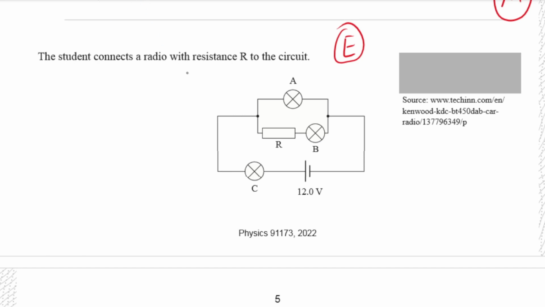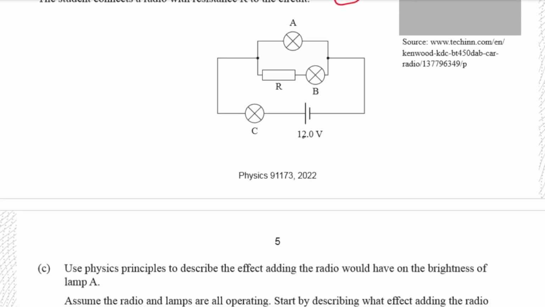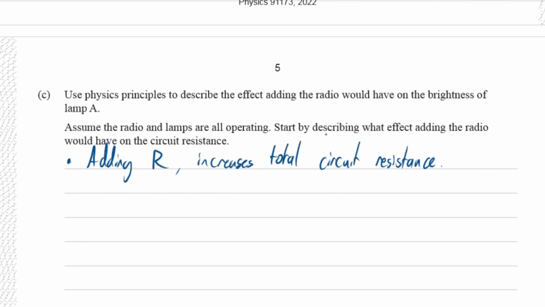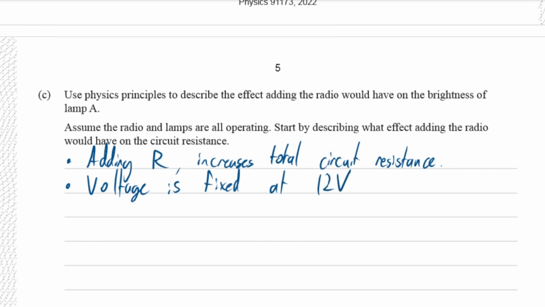Okay, so what's that going to affect? Well, we know that the voltage supplied is constant. We're not changing the 12 volts. So we could say voltage is fixed at 12 volts. So what's going to happen? If we increase the resistance with a constant voltage, current through the circuit will decrease, right?